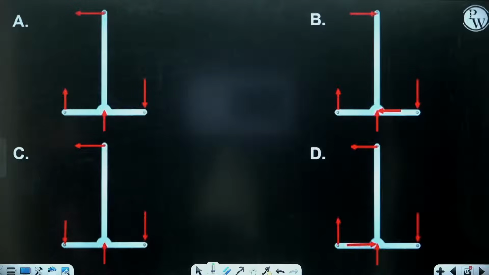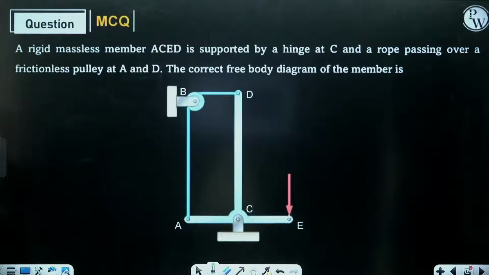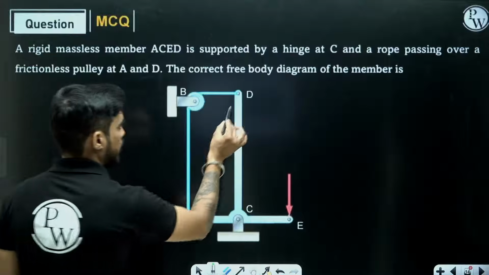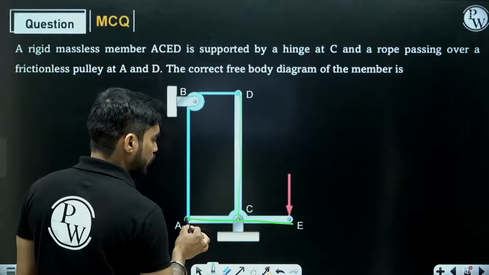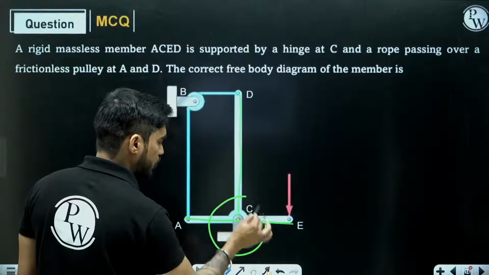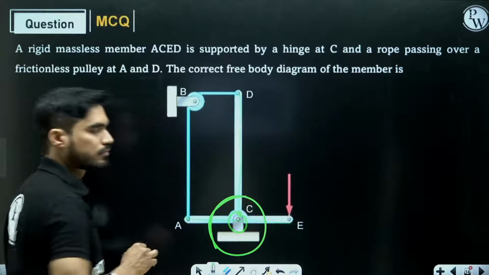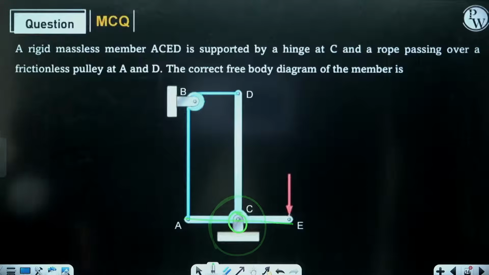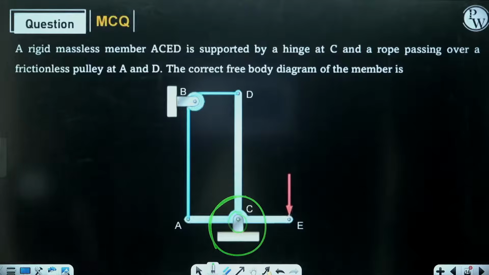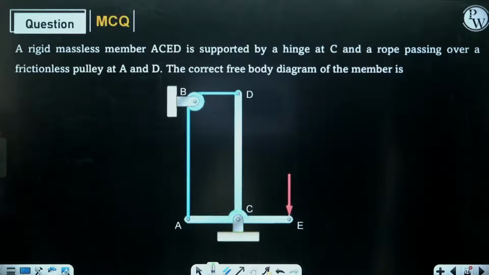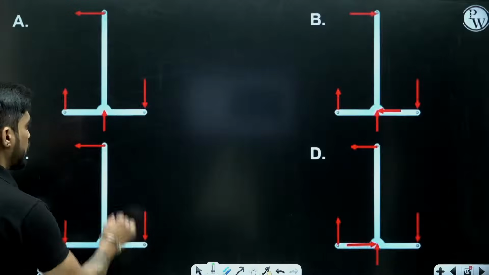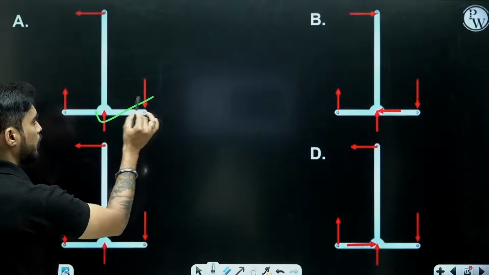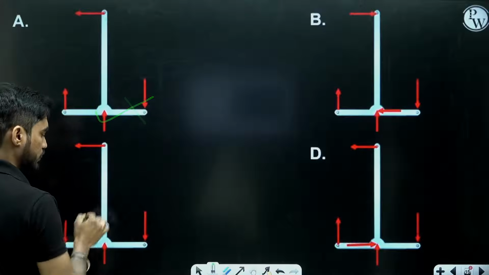Understand about the reactions. If I isolate this body from the hinge support at point C, I will get a reaction in X and a reaction in Y. So this will not be the free body diagram.